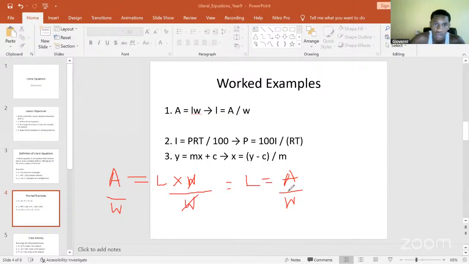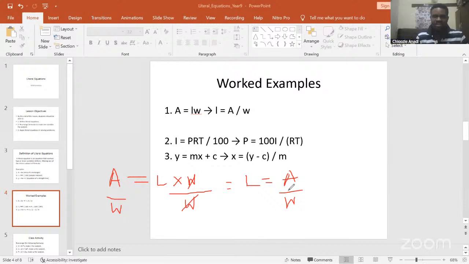You would divide both sides by L. Very good. And that will be W equals A over L. Correct.